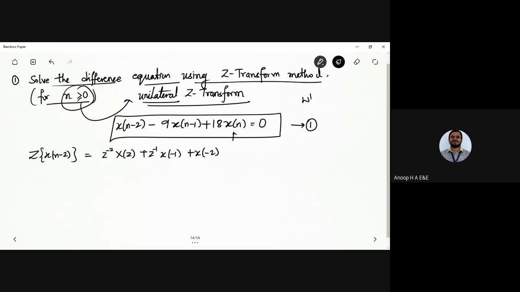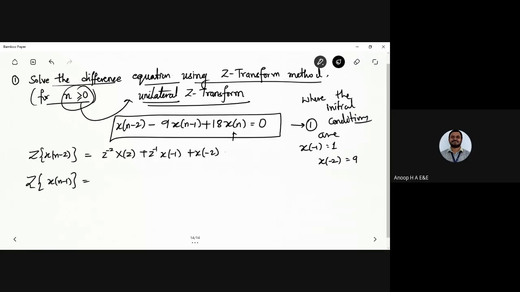I haven't mentioned the initial conditions: x(-1) is equal to 1, x(-2) is equal to 9. Okay, so next, Z transform of x(n-1).